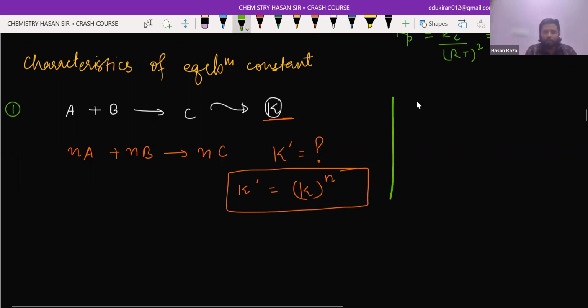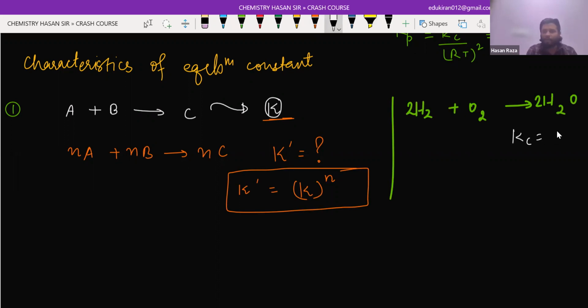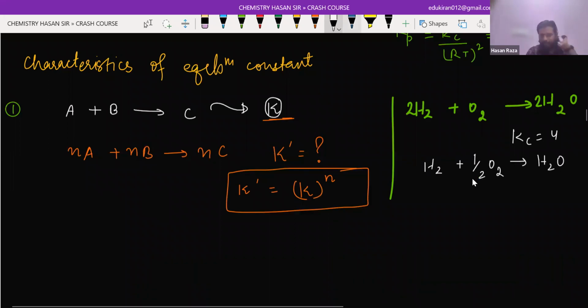There is a reaction H2 plus half O2 that gives you H2O. Let's say this reaction has an equilibrium constant of 4. Now, you need to calculate the equilibrium constant of the reaction 2H2 plus O2 giving 2H2O. If you look at this reaction carefully, this reaction is multiplied by 2.